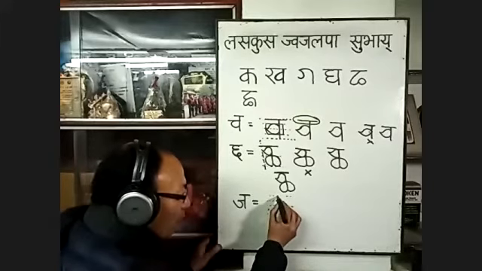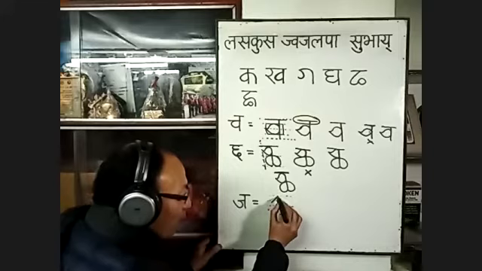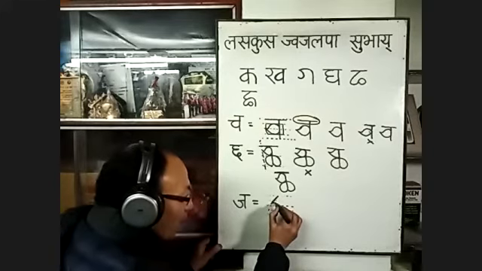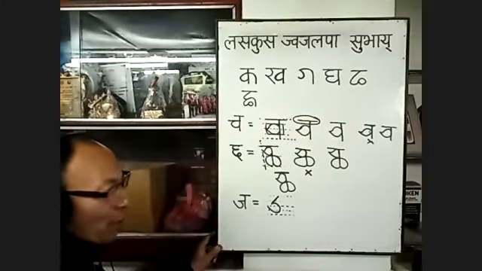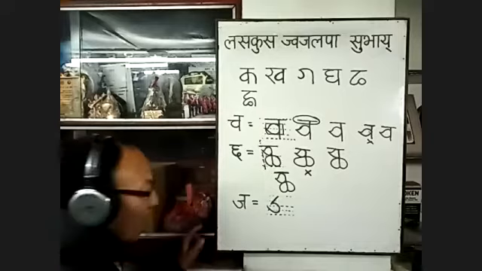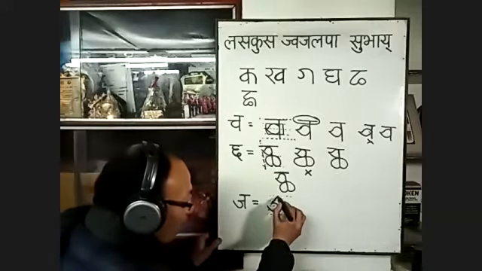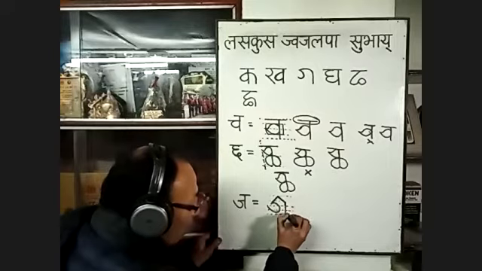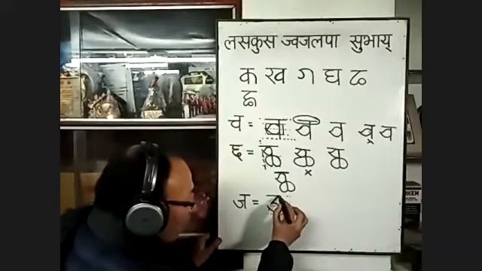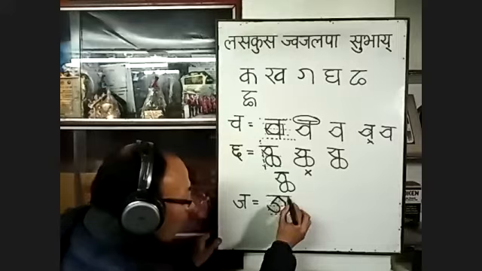So what you do is this shape, the U, and then give another kind of stroke here, and then come straight down and give more. And this is jaw.